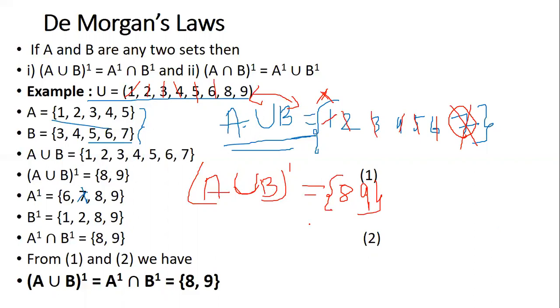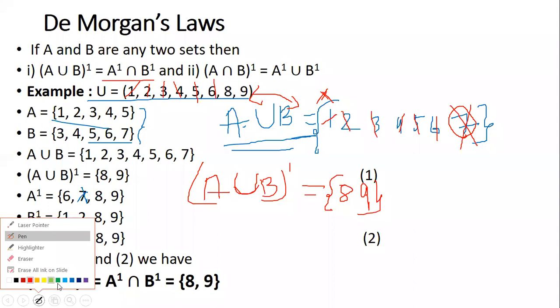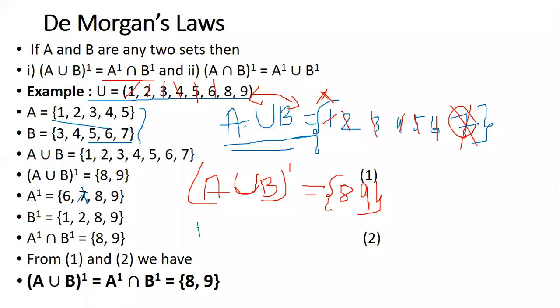So Rakshita, did you understand now? Is it clear? Okay, fine. Now let us solve the last step, that is A complement intersection B complement. We already knew what was A complement.